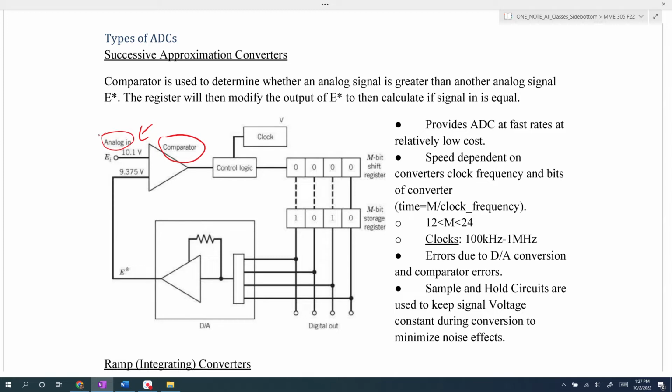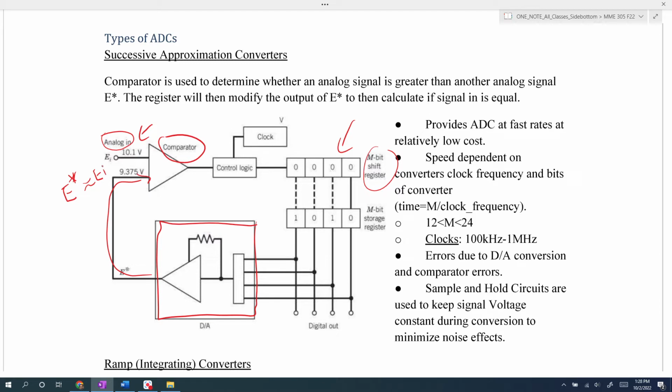Using that information, it tells a controller to adjust the digital value, maybe from 0000 to 1010, and that affects the signal that goes into a digital to analog converter, which sends another output signal to the comparator. So it continuously adjusts this E* value until it equals Ei.